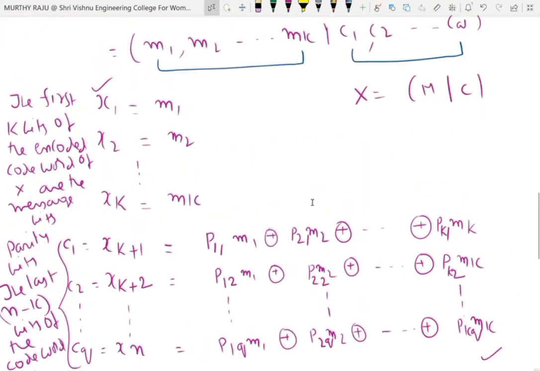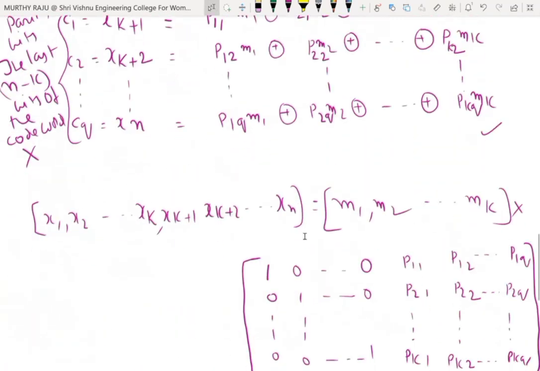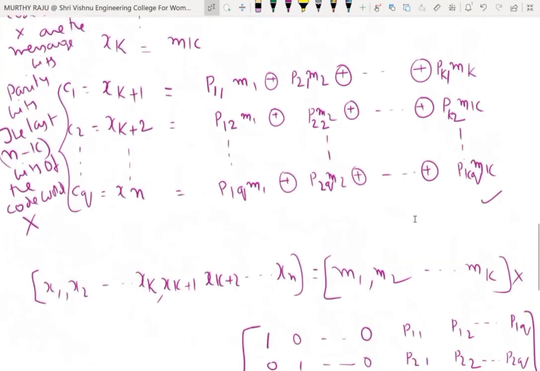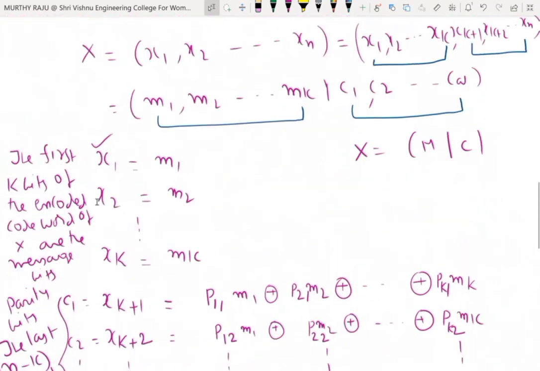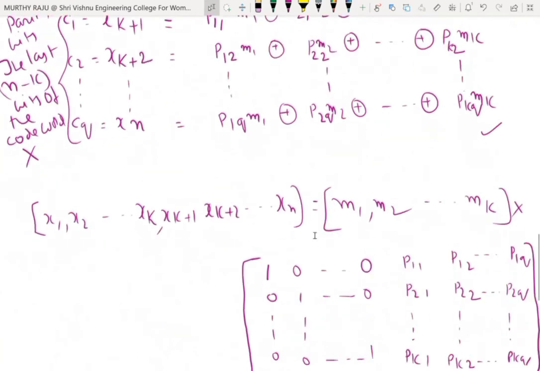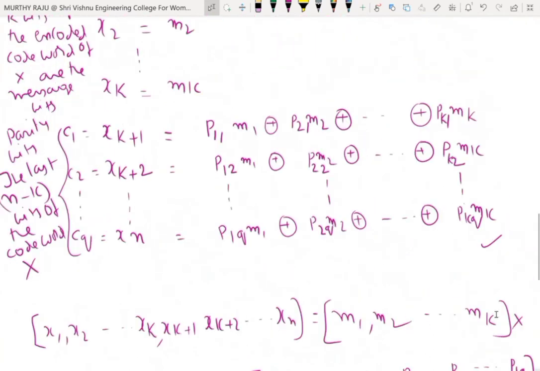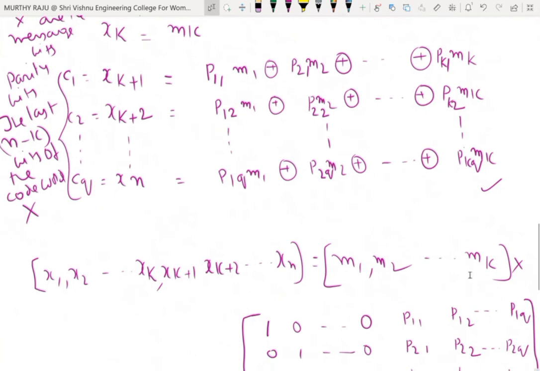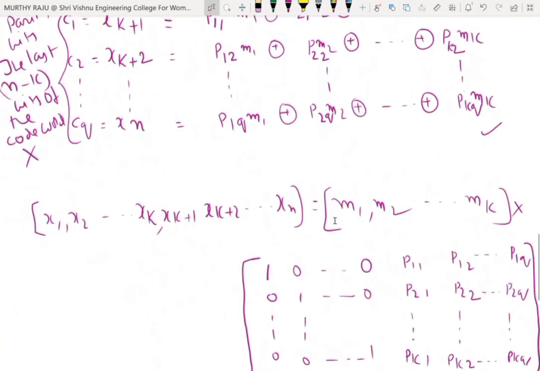These equations are converted into matrix form like that. Here x1, x2, xk, xk plus 1, xk plus 2 up to xn. The representation is like that. Here m1, m2, mk. Multiply this first. This is the row, one cross k, and K rows are there.